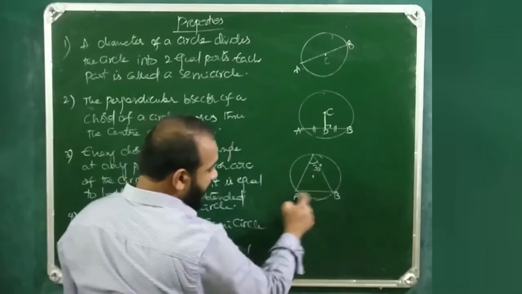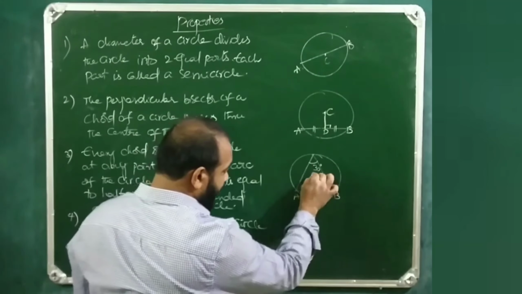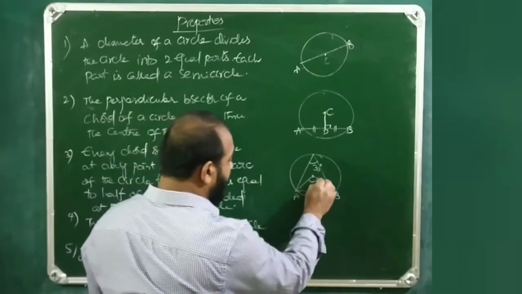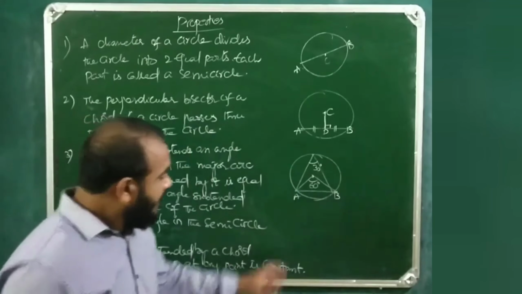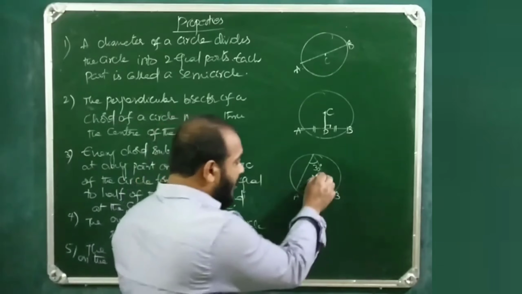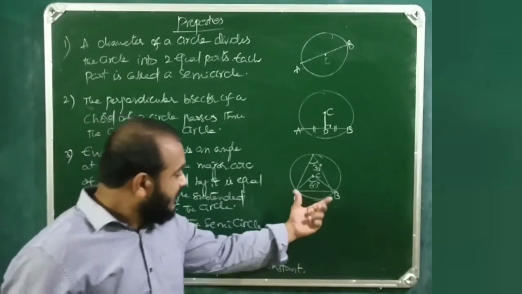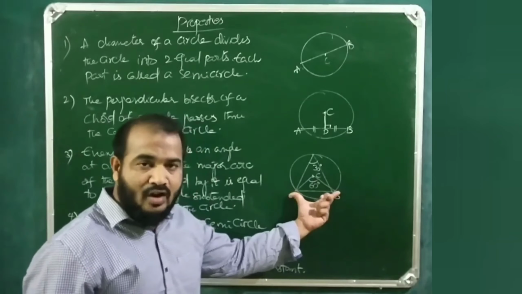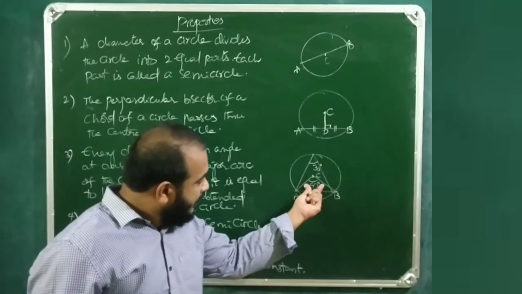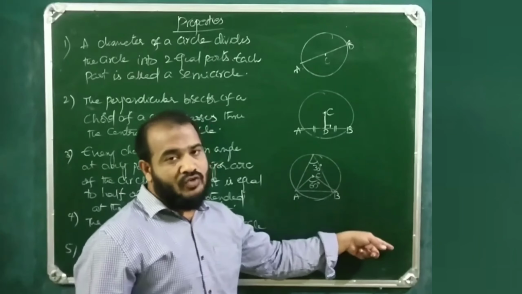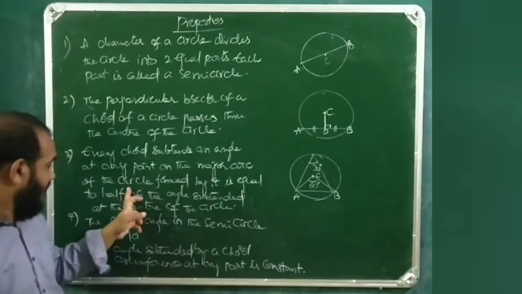Then the same AB subtends double the angle at the center of the circle. Or if AB makes an angle of 60 degrees at the center, then the same AB makes an angle of 60 by 2, which is 30 degrees, on the remaining part of the circumference of the circle. That is what this property says.